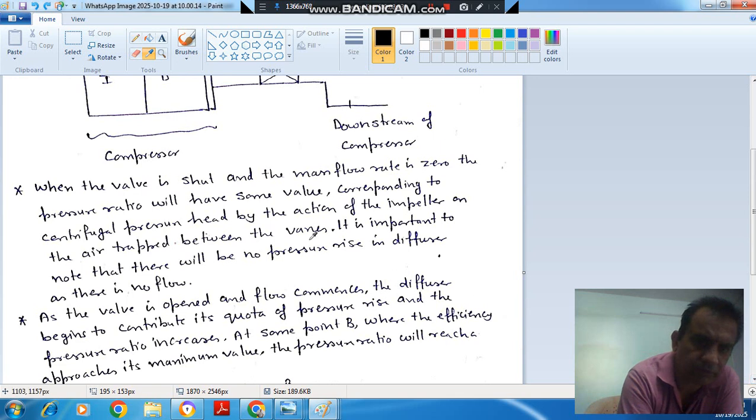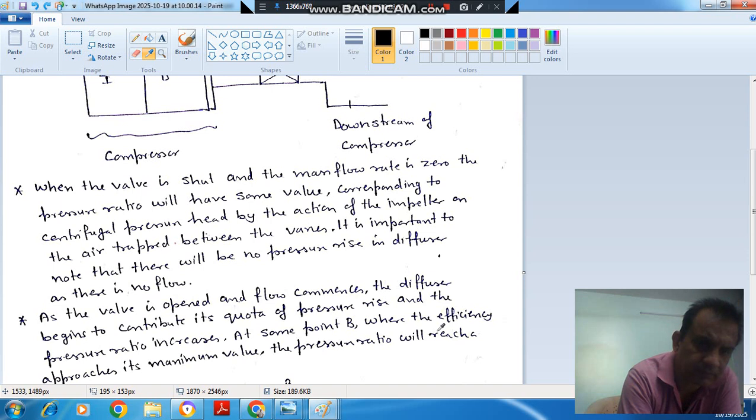When the valve is shut and the mass flow rate is 0, the pressure ratio will have some value corresponding to the centrifugal pressure head produced by the action of the impeller on the air trapped in the vane. It is important to note that there will be no pressure rise in the diffuser, as there is no flow. As the valve is opened and flow commences, the diffuser begins to contribute its quota of pressure rise, and the pressure ratio improves.